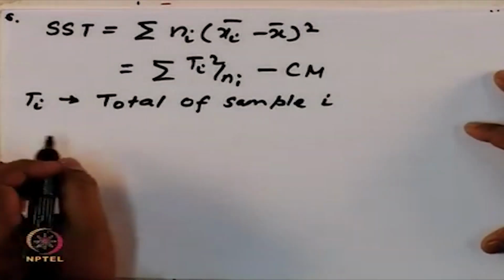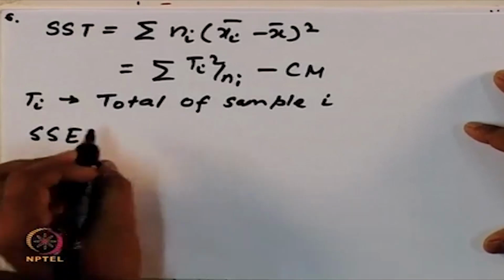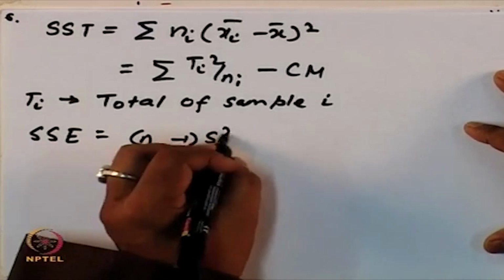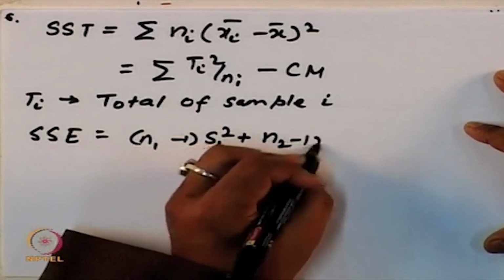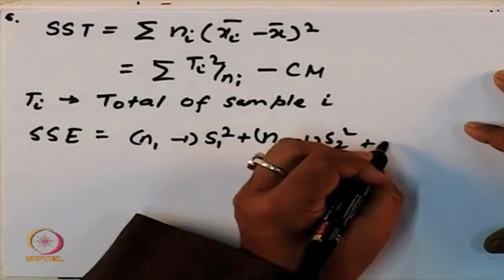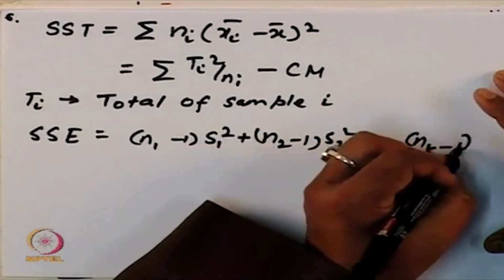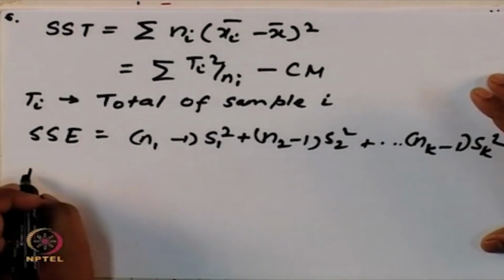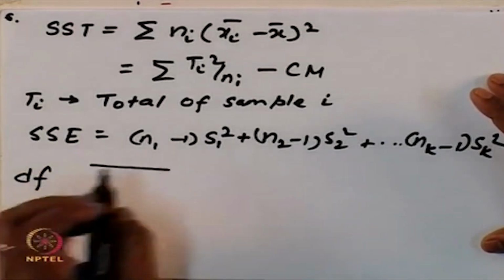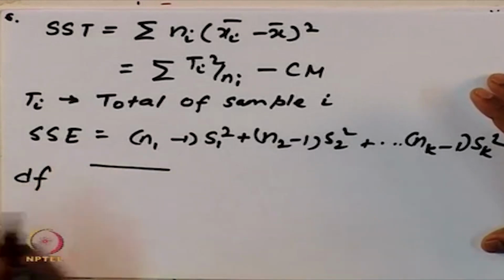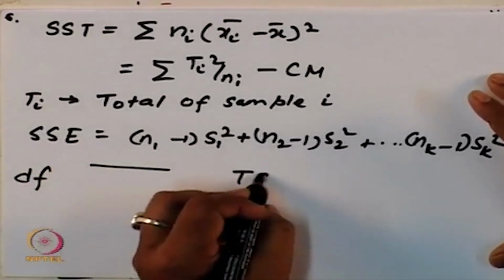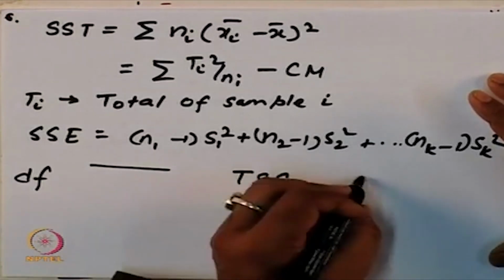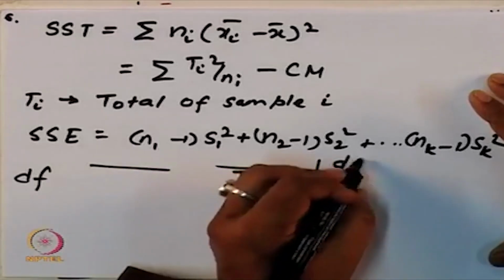Okay. And you have the sum of squares of errors, and this is given by the sum. So, the degrees of freedom, or df, corresponding to, okay, so you can write for TSS, SST and SSE, you can write the degrees of freedom.